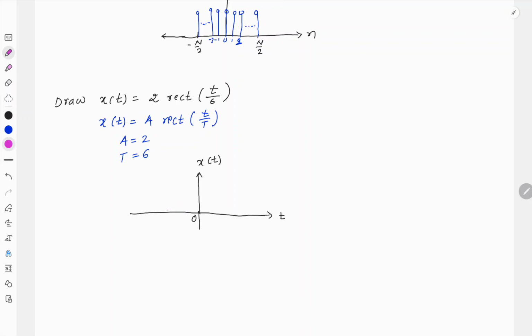Therefore, the signal will start at minus T by 2, which is nothing but minus 3 to plus 3. Therefore, total width of signal becomes 6. And we are going to draw a rectangular pulse in this way with the amplitude of signal as 2, which is capital A. So this is how we can sketch the rectangular signal for the given equation.